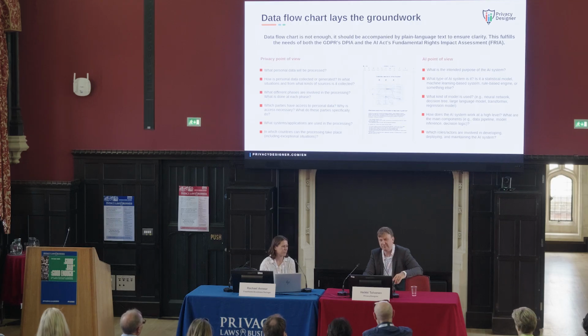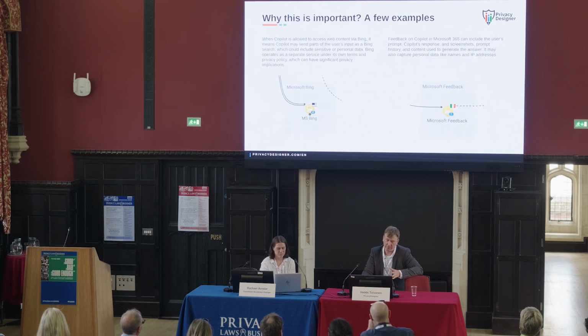So now we understand how Copilot works once we plug it in. And then the next part, one more thing about why this is crucial. When we track the personal data and the prompts, we started to identify certain things, like that Copilot might access Microsoft Bing in certain cases.